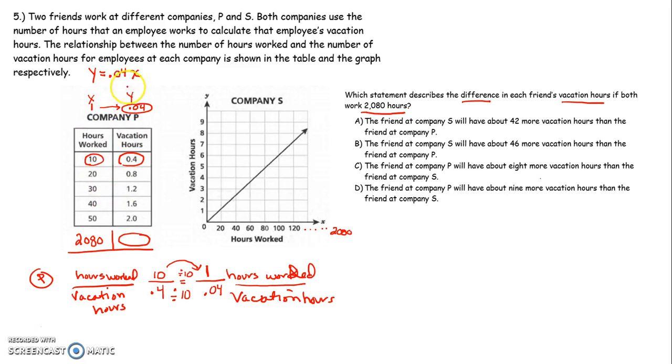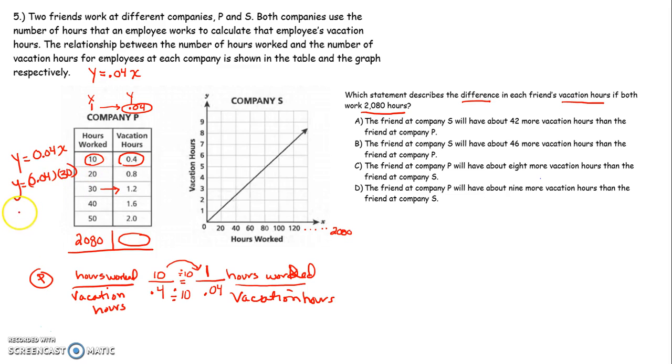And we can just double check that this equation really works for this company. I could substitute 30 in place of my x and hope to get 1.2. Let's just double check. y equals 0.04 times x. y equals 0.04 times 30, come up with 1.2.